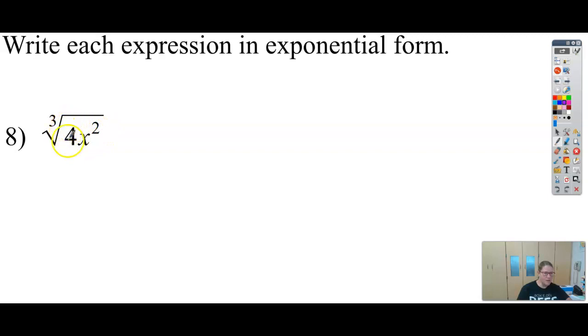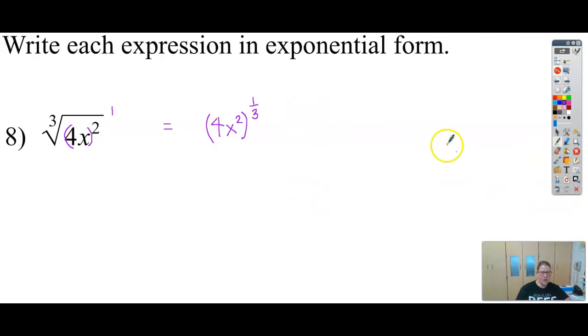So the power that's on the entire thing, on 4x squared, would just be a 1. So if I were going to write this one, I want 4x squared as my base. I need to put parentheses around that, and then my power is 1 and my root is 3. Since there's no parentheses here, that means 4 is not squared, only x is, so I have to write it that way here too. Okay, so just be careful with that.